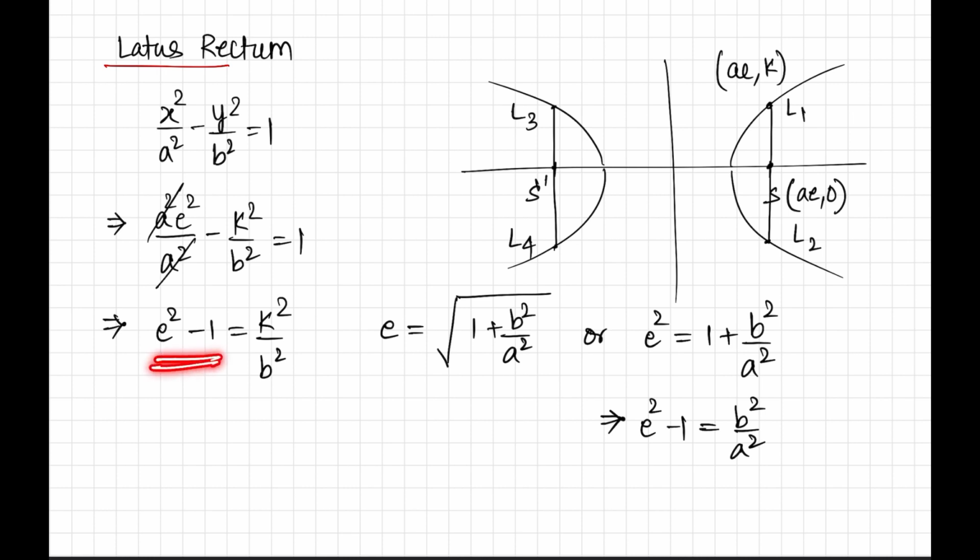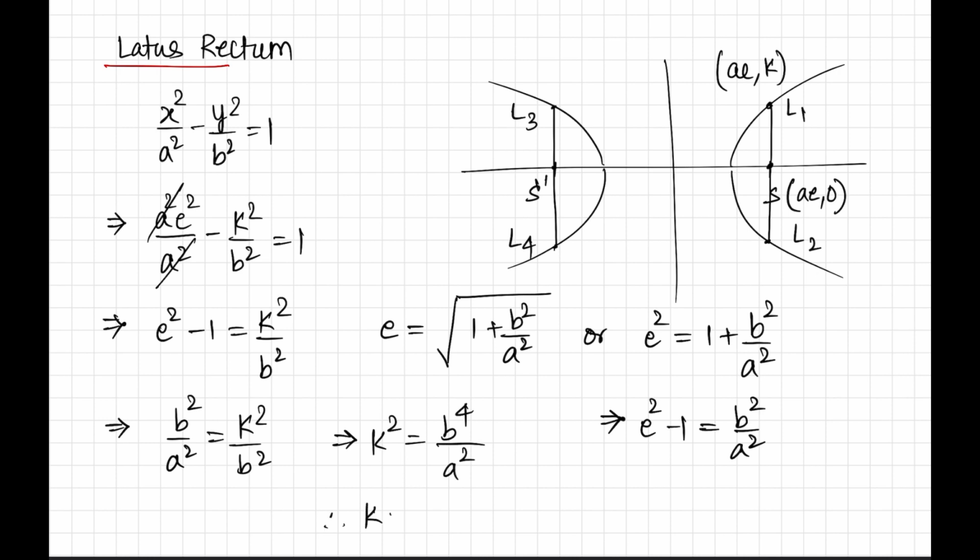So if we put in the value of e square minus 1 here, we get b square by a square is equal to k square by b square, and that gives us k square is equal to b raised to 4 by a square, and hence the value of k is b squared upon a. So we have got the value of k.